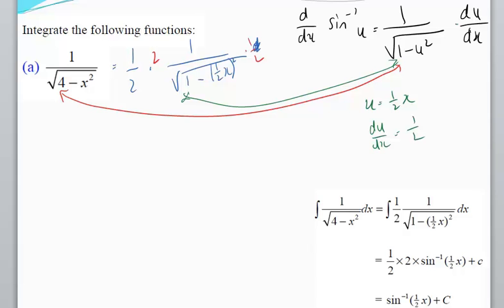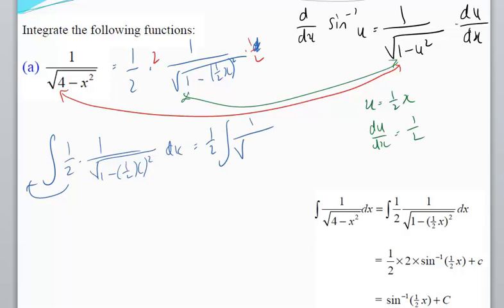So if we write it out to make a bit more sense, our integral here, we've got a half times 1 on the square root of 1 minus a half x squared. First we move our half out the front. So it's a half times the integral of 1 on the square root of 1 minus a half x, all squared, dx. So we need our du on dx in there, which will be a half.